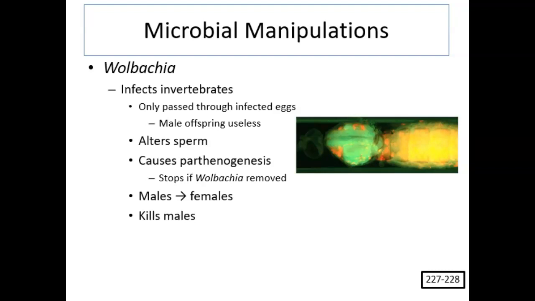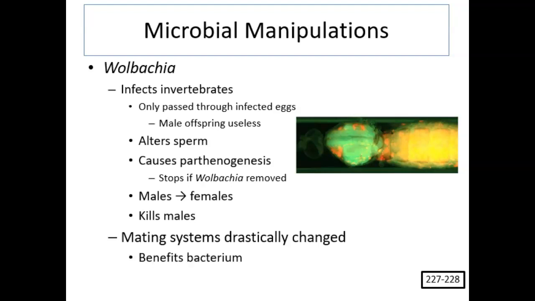So my point here is that Wolbachia has a really big effect on the species that it infects, and that the mating system of those that are infected get drastically changed. That's very beneficial to the bacterium, to the Wolbachia, but not necessarily is helping the host and may actually be harming it.